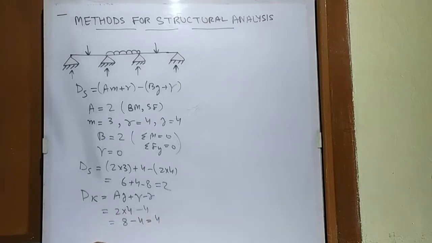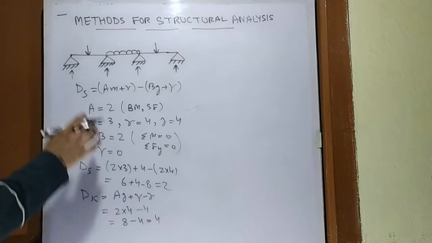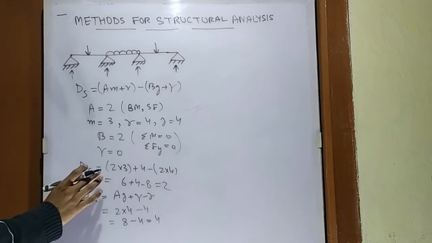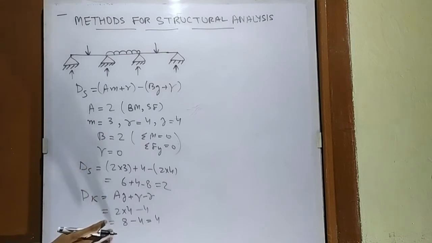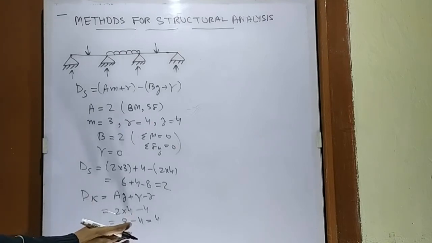Okay, so now what are we seeing? We can see that for this particular beam, the degree of static indeterminacy is less than the degree of kinematic indeterminacy. So Ds is less than Dk. What does Dk show?